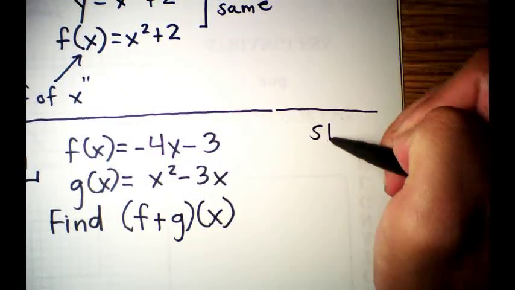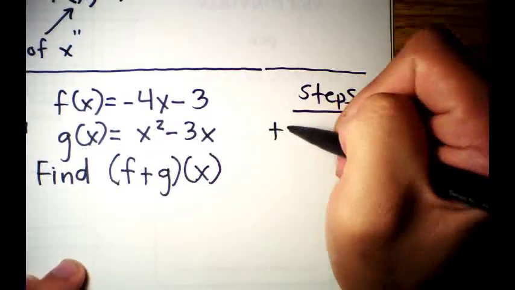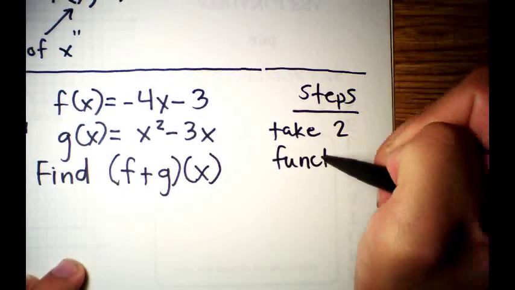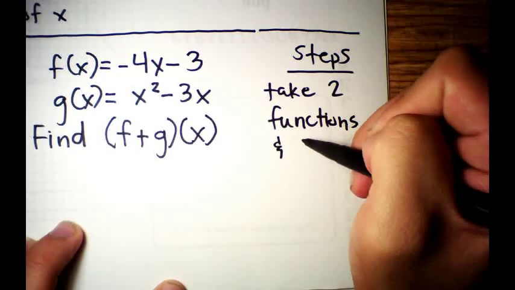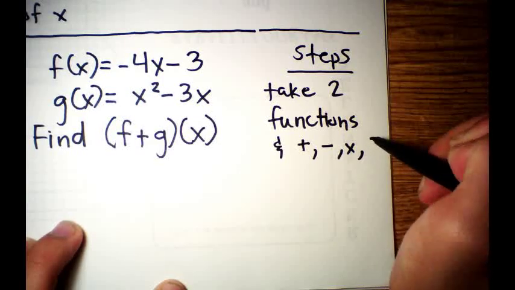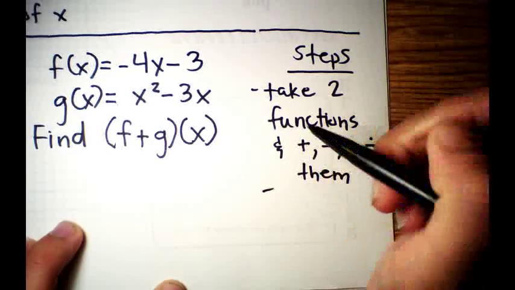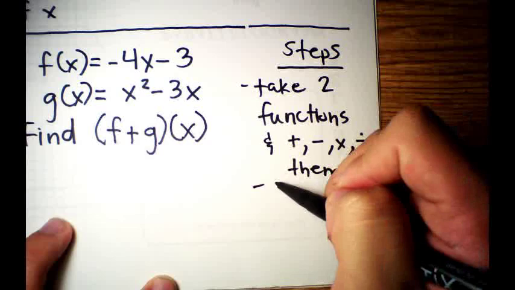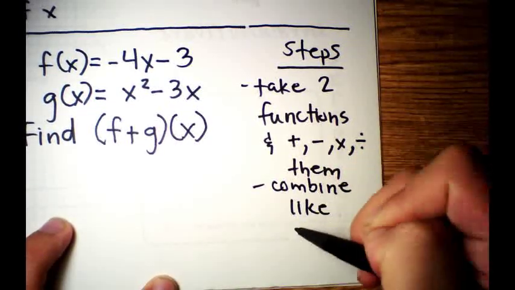So the steps for this, okay, take the two functions or the equations and add, subtract, multiply, or divide them. When you do that, you always want to try to make sure if you can also combine like terms.